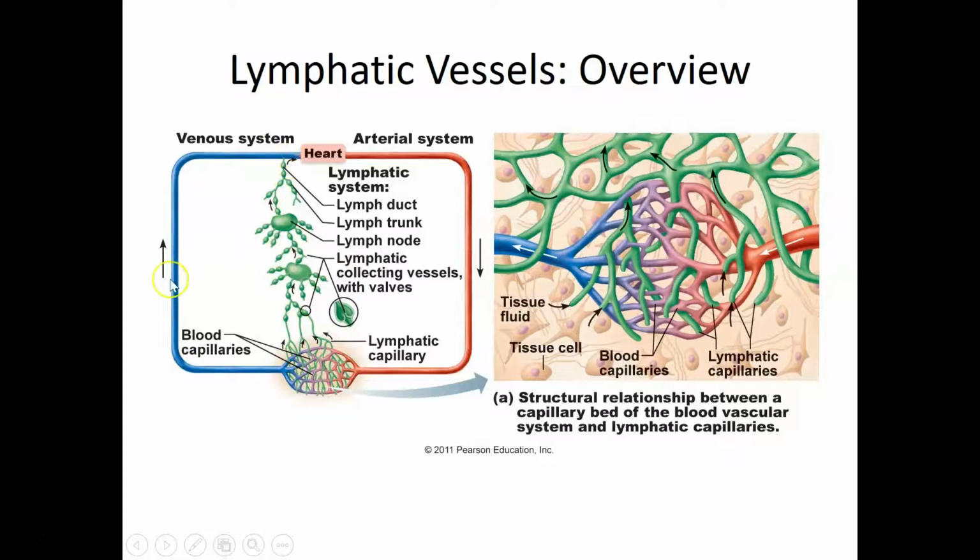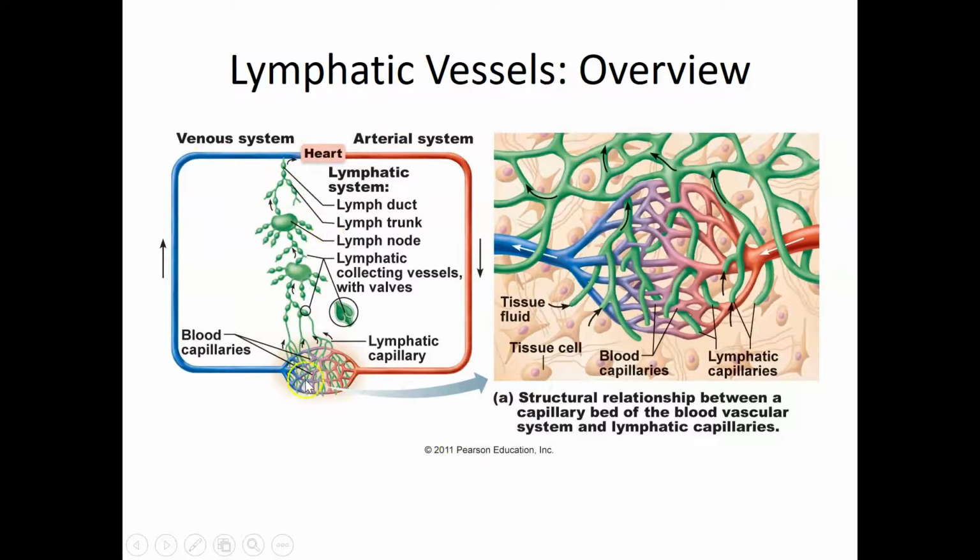And here is the blood circulatory system. The heart is the pump through the arterial system to a blood capillary bed, then into the venous system back to the heart. So the blood circulation is this continuous closed system.